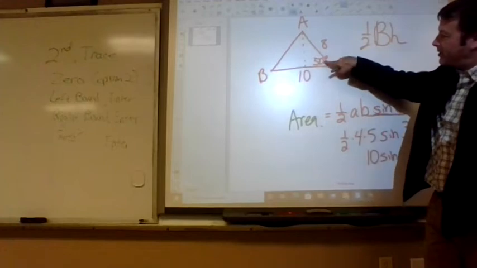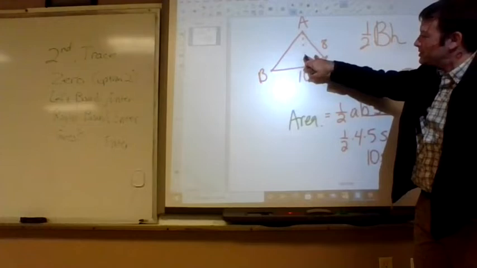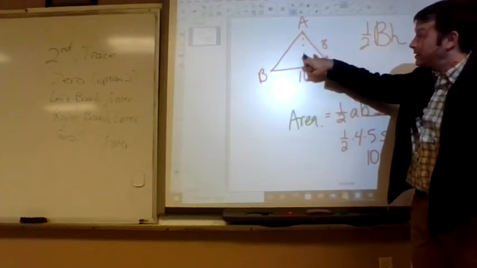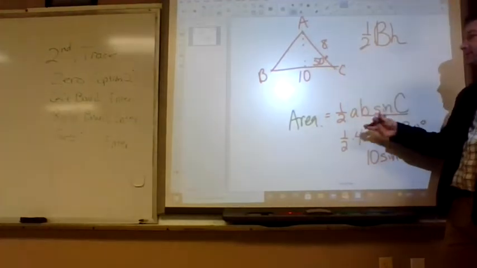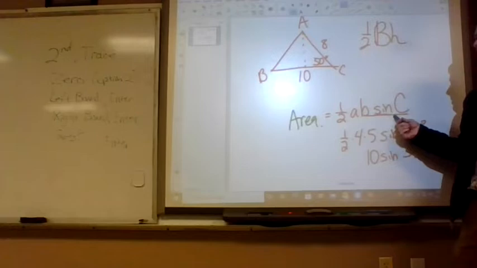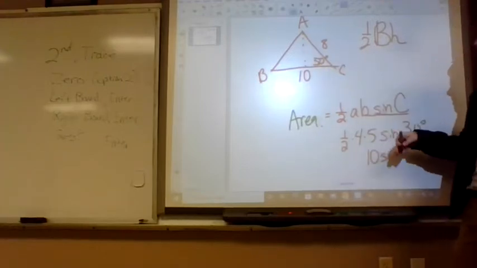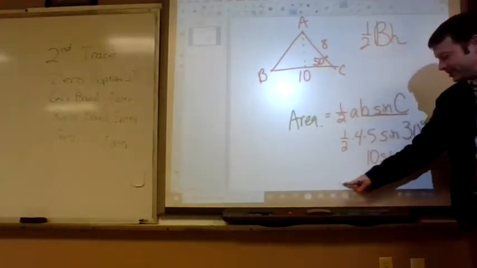Because if you draw the height in, it makes a little right triangle, and then the opposite side is this, and the hypotenuse is this, so sine of 50 equals the height over 8. Anyway, they use trig to replace the height with the sine of C, this thing right here. It just works, so let's just roll with it.